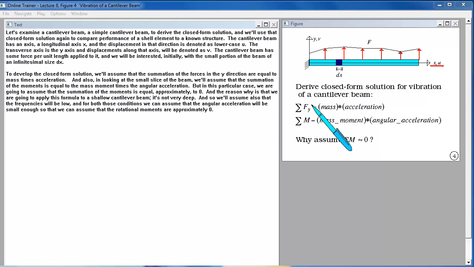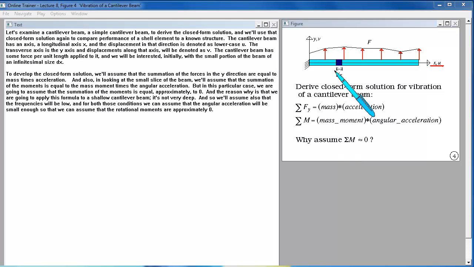To develop the closed-form solution, we'll assume that the summation of the forces in the y direction is equal to mass times acceleration. And also, looking at the small slice of the beam, we'll assume that the summation of the moments is equal to the mass moment times the angular acceleration. But in this particular case, we're going to assume that the summation of the moments is approximately 0.